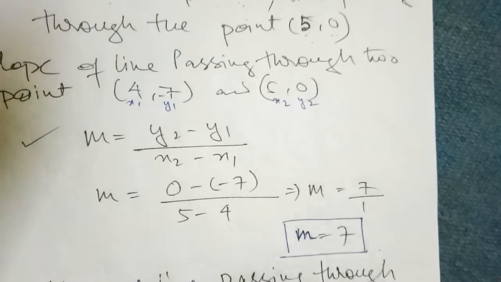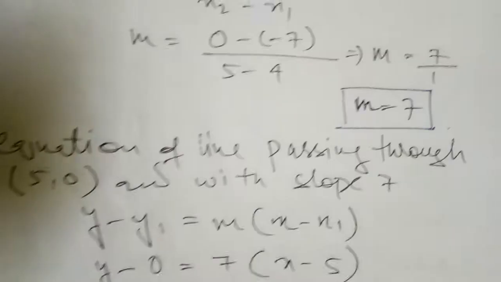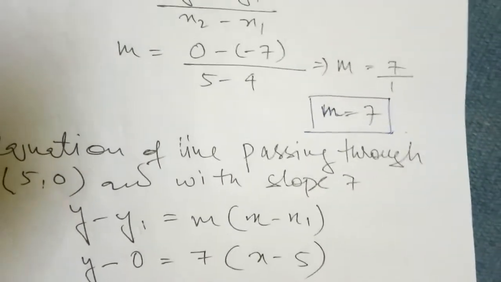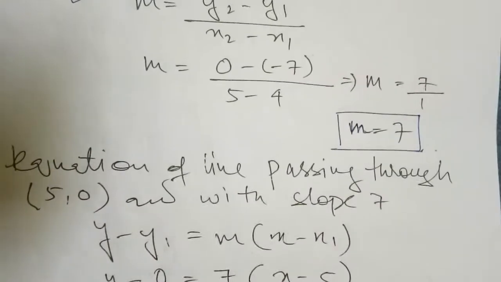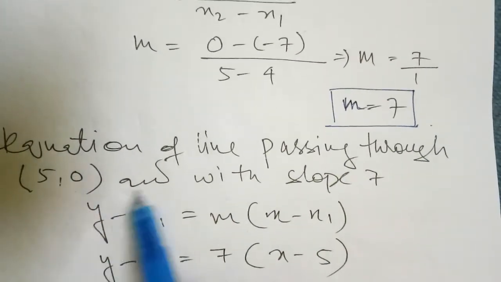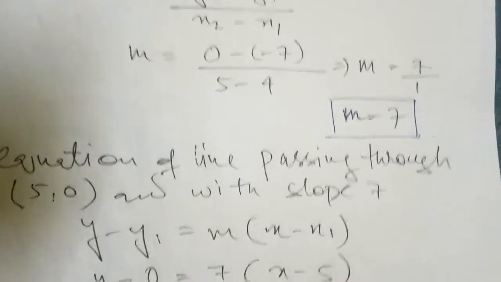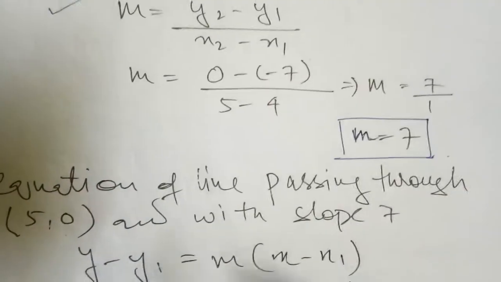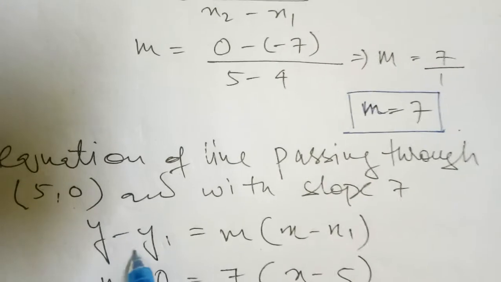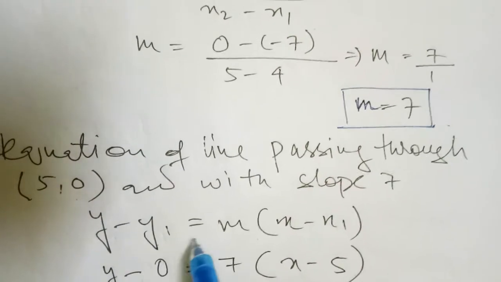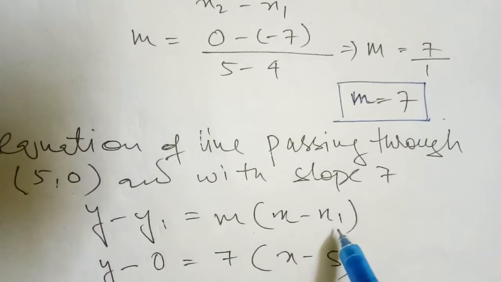Okay, next from here you have to find the equation of the straight line. The equation of a line passing through 5 comma 0, that means passing through two points. We know the formula: y minus y1 equals m in bracket x minus x1.